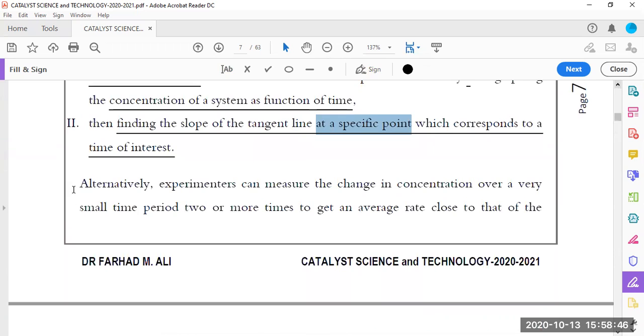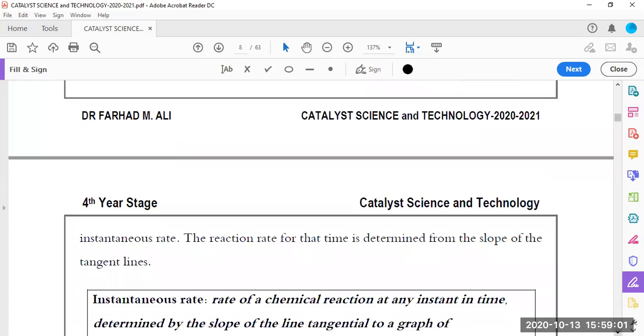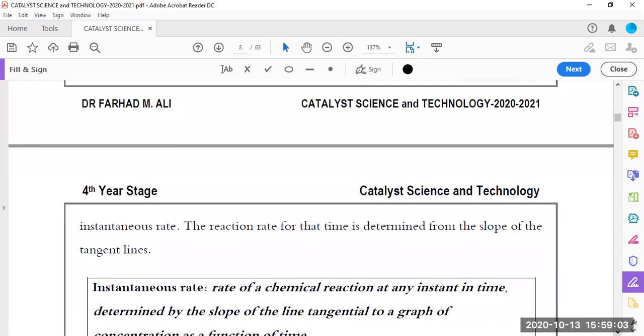Right. So alternatively, experiments can measure the change in concentration over a very small time period, two or more times, to get an average rate close to that of the instantaneous rate. The reaction rate for that time is determined from the slope of the tangent line. You can do like 2 points, very close to that point, and you can take the tangent, and again, you can find out the instantaneous rate.